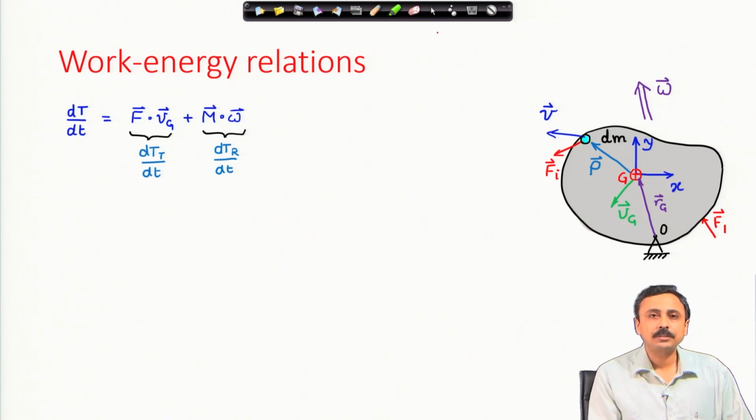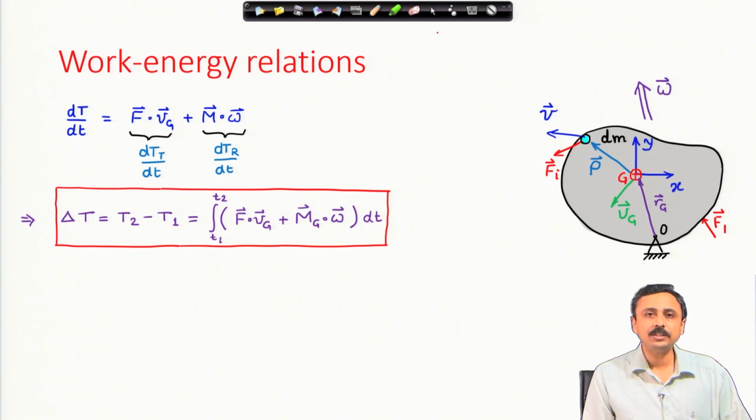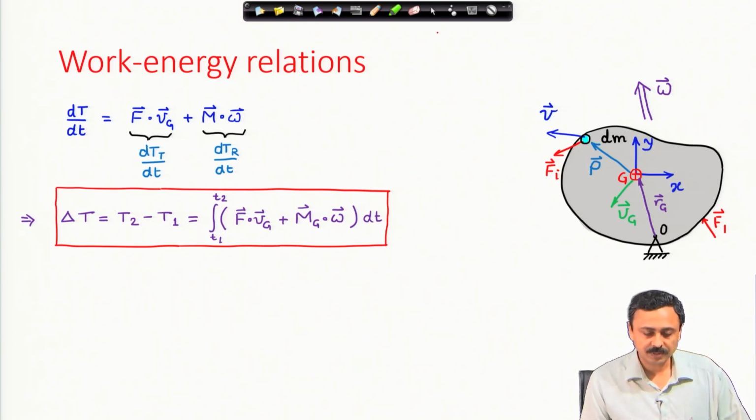And we have this decomposition, the rate of change of kinetic energy of translation and the rate of change of kinetic energy of rotation, in terms of the power exchange. Now, if you integrate over time, you will get the change in kinetic energy of the body between two time states as the net impulse generated by the force and the moment.